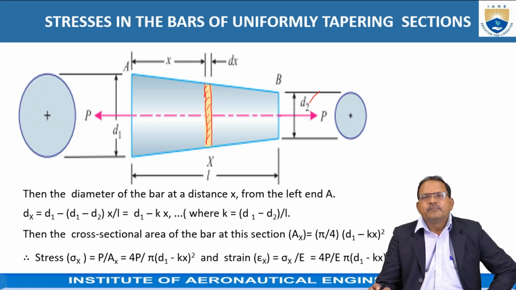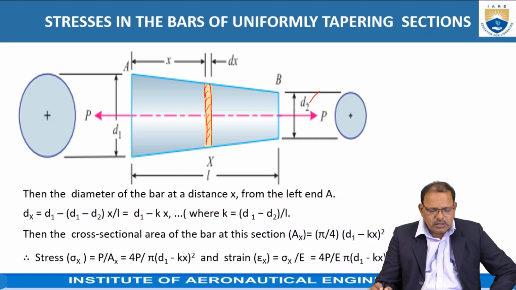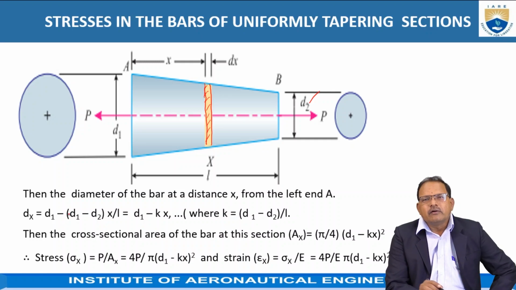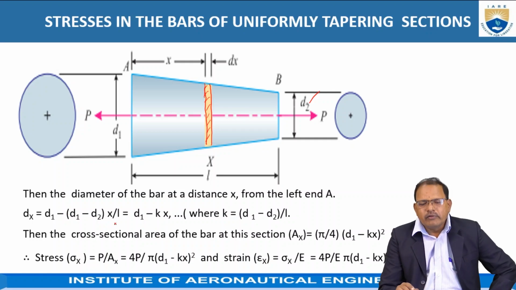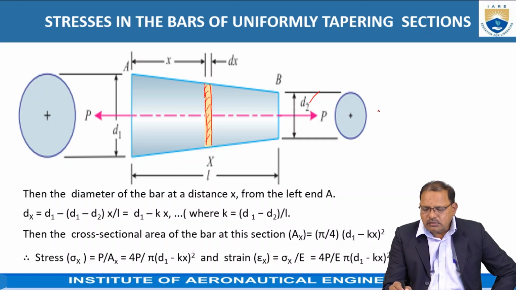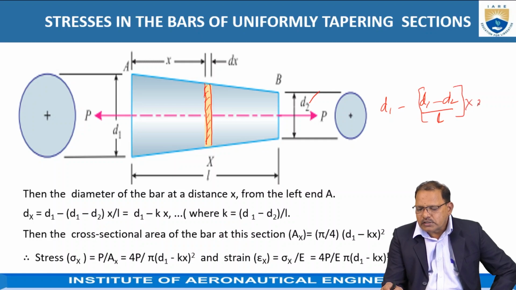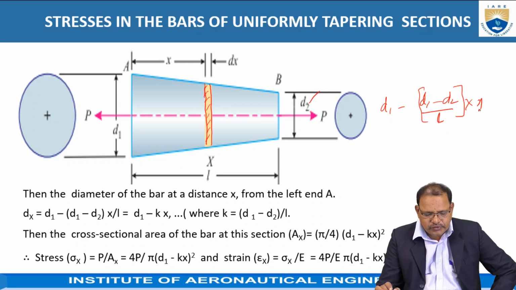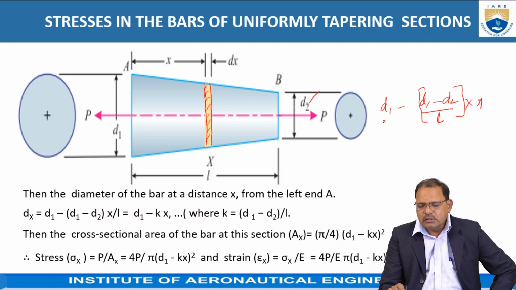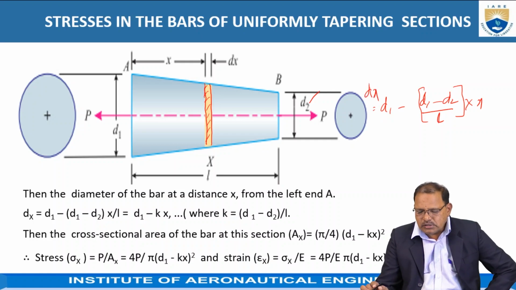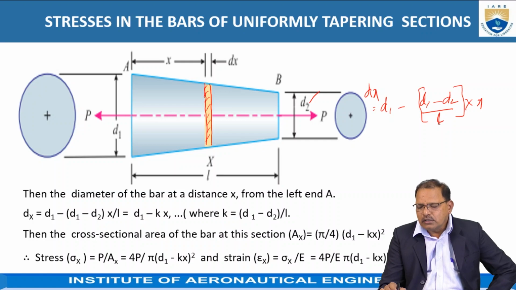Since it is uniformly tapering, the diameter decreases over the length L. But we are considering a distance of x, so the diameter at a distance of x is dx equals d1 minus (d1 minus d2) by L into x.